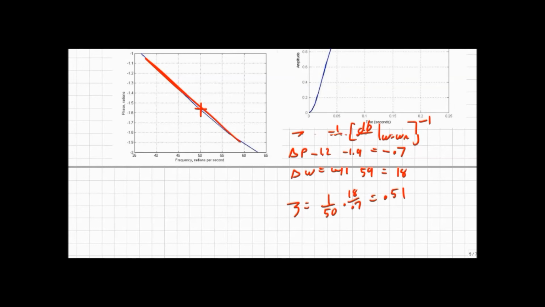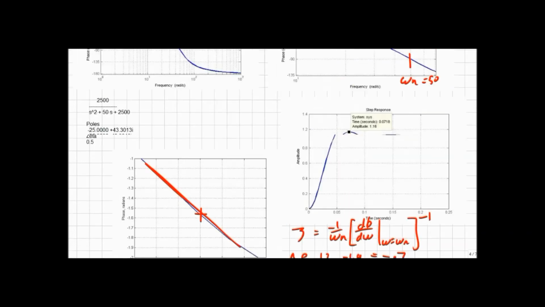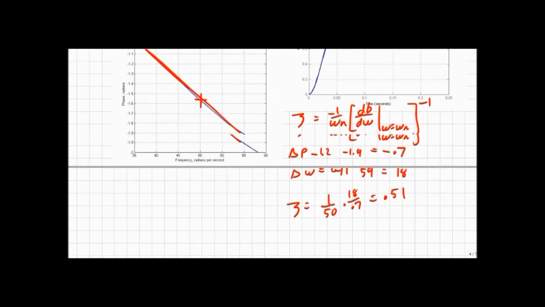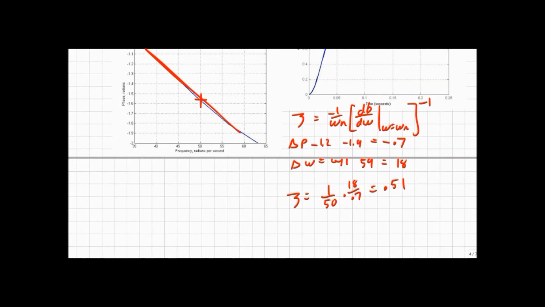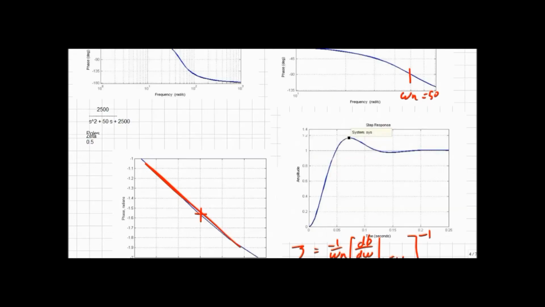Is that right? Yes, it is, 0.5. Okay, so that worked out pretty good. I can also look for my resonant frequency point, given that information.